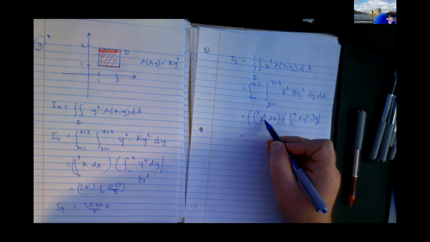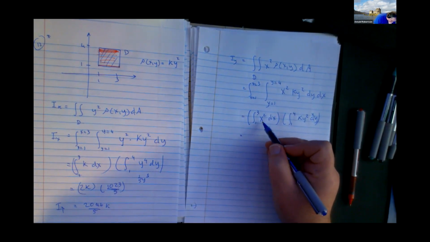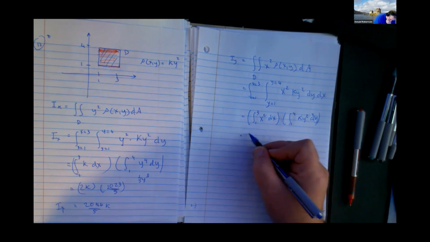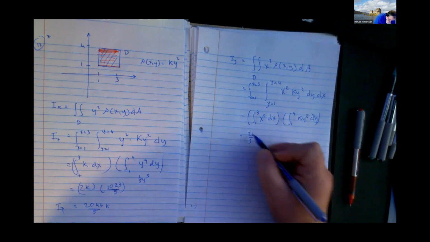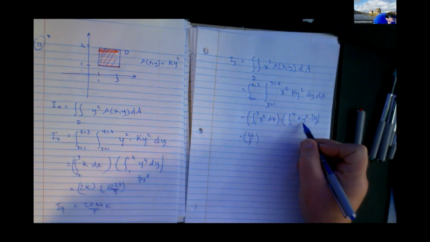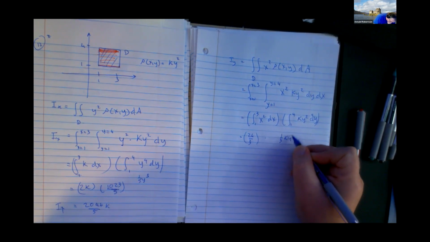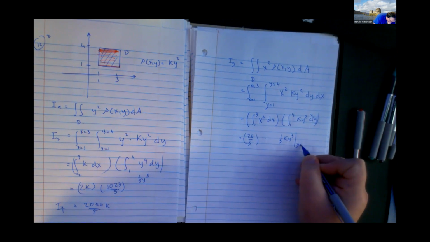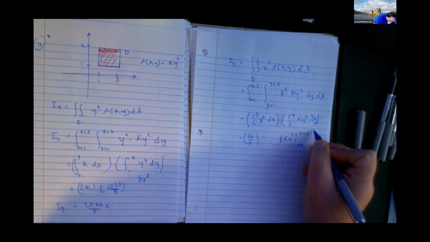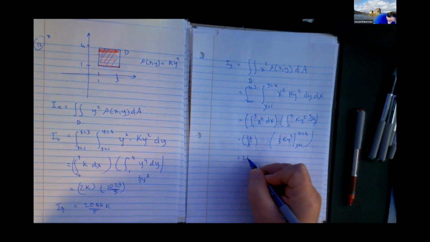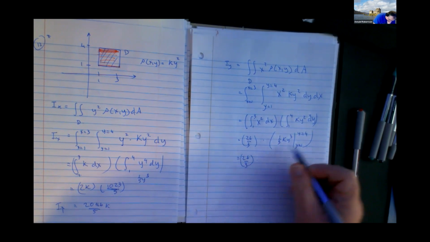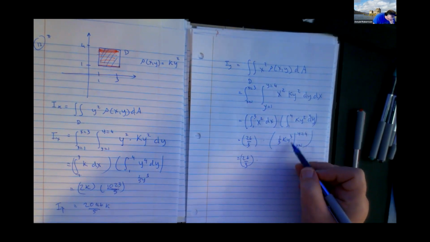Okay, this is 1/3 x cubed, so it's going to get you 9. And then it's going to be 9 take away 1/3. So that's 9, 27, 26 thirds. And this guy's going to be 1/3 k cubed. I'm just not going to even attempt that one. Four, 16, 64 thirds.